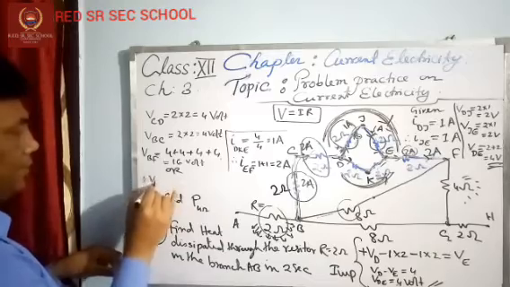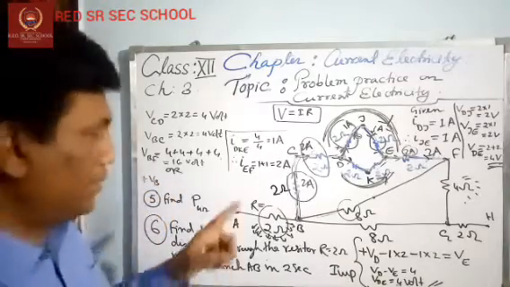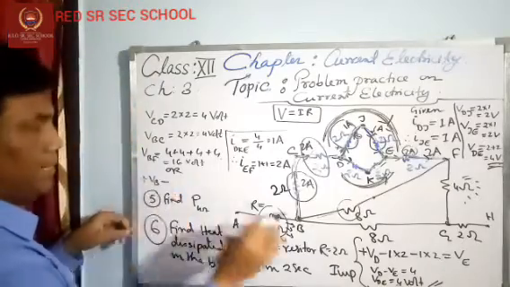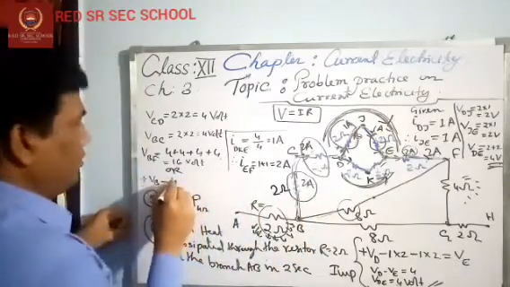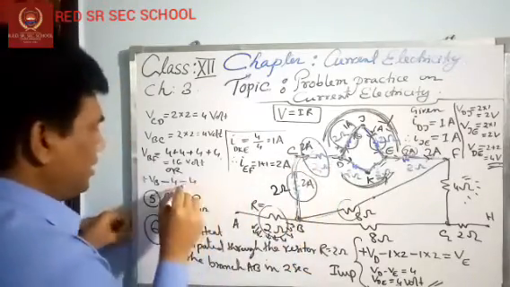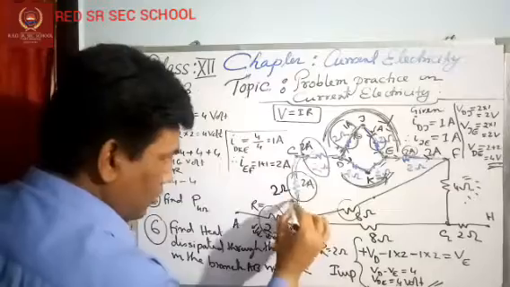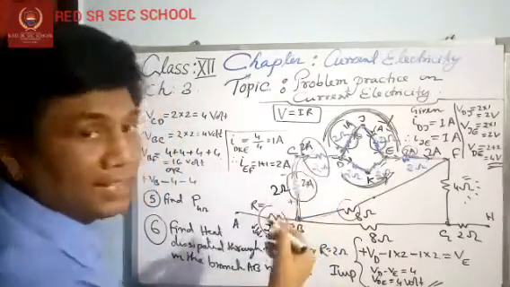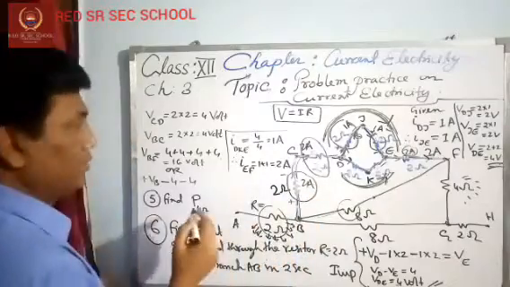Plus VB. I have already told you the starting point should be written as plus VB, minus current into resistance, 4, minus. I think you have understood now why they are minus, because current is going this way, so this point will be high, this point will be low. So as you are going this way, you will be seeing the change negative, finally low.